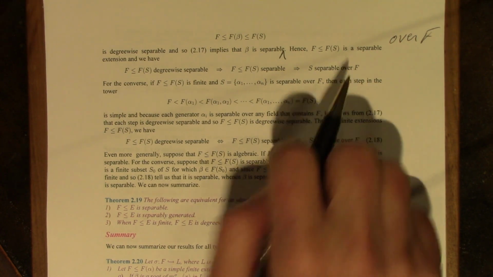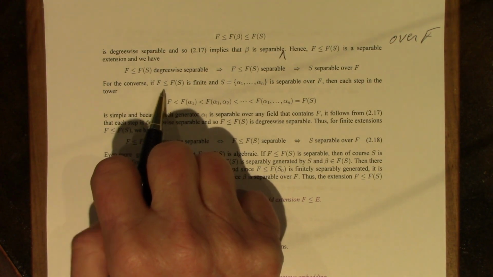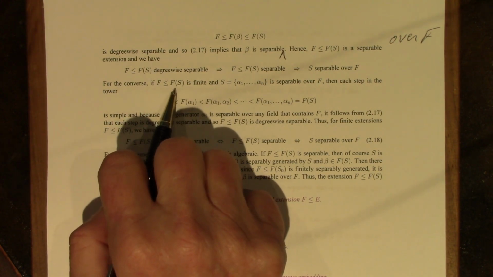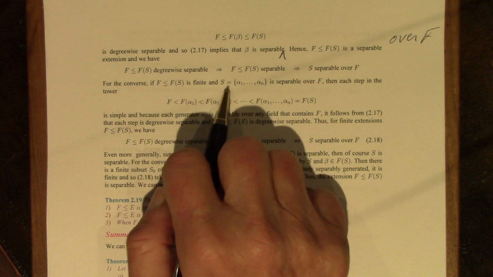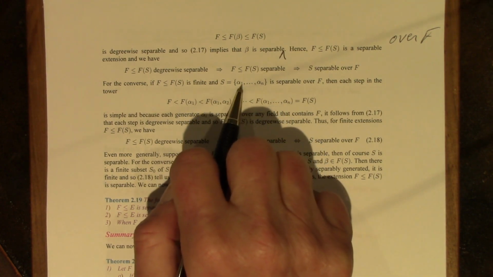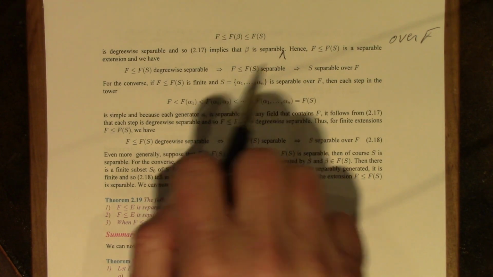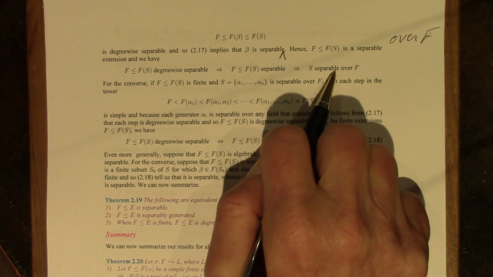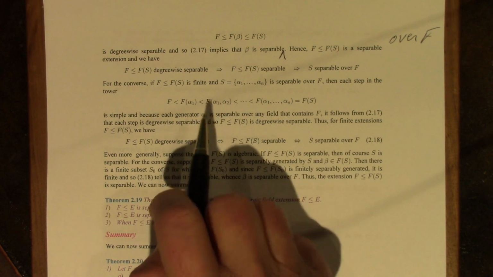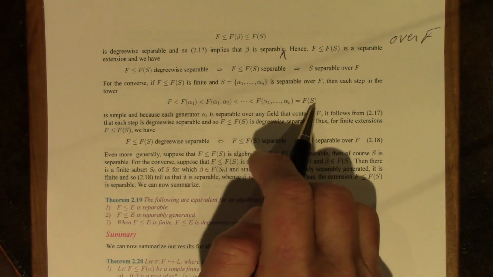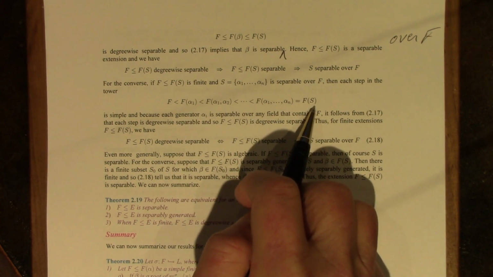For the converse, if we have a finite extension and say S is the set alpha 1 through alpha n, and it's separable over F, so we're starting with this, then we can decompose to a tower of simple extensions.